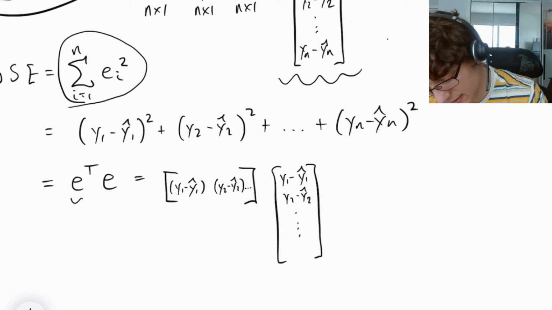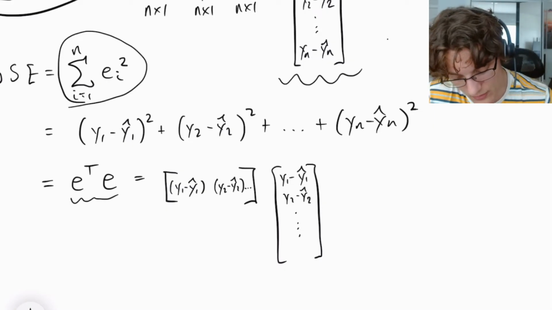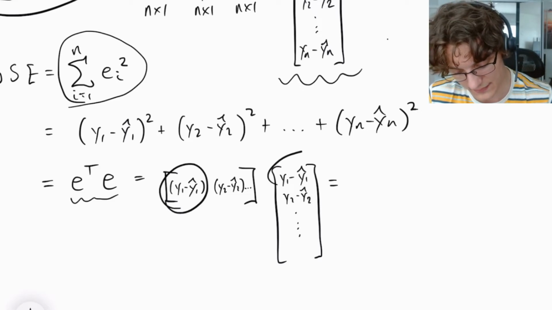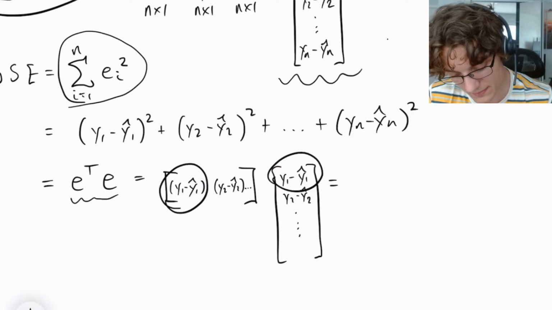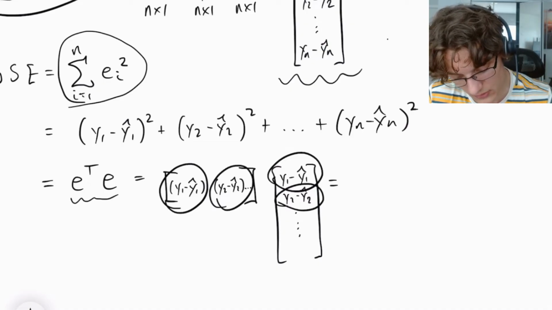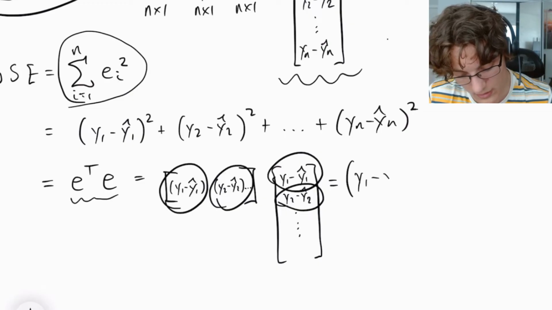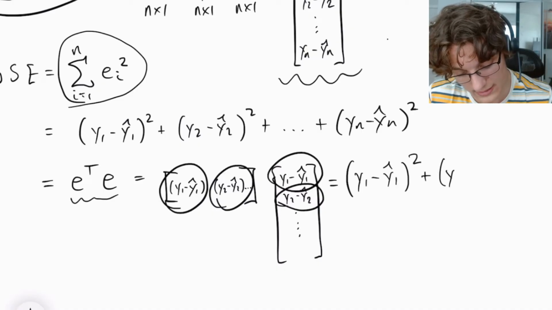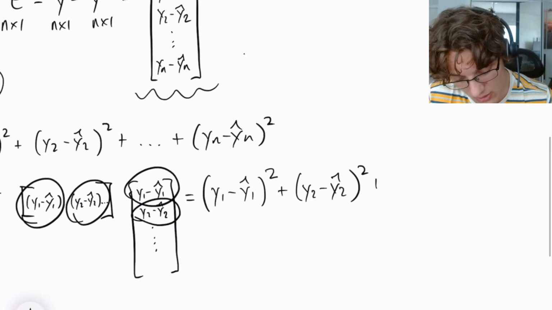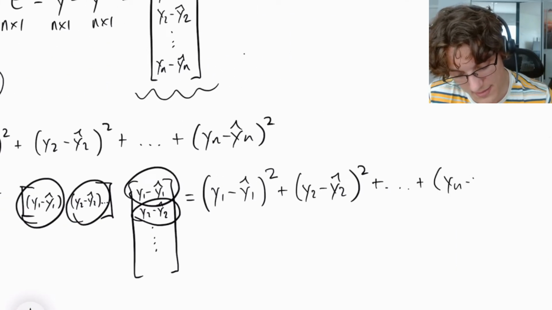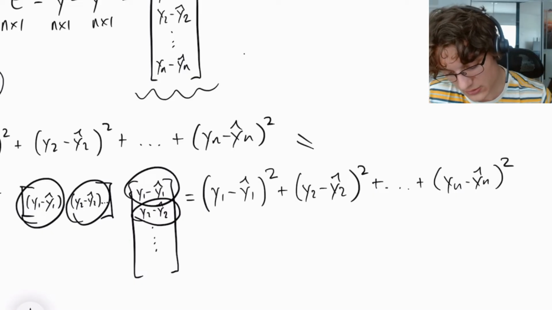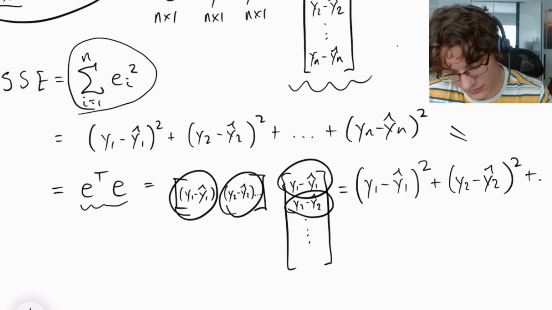dot product here, these two errors in the dot product, then what are we doing? Well, all we're going to be doing is taking the product of this guy, and then summing it with the product of this guy, and so on and so forth. So we're going to end up with y1 minus y hat 1 squared plus y2 minus y hat 2 squared all the way until yn minus y hat n squared, which is equal to this right here.